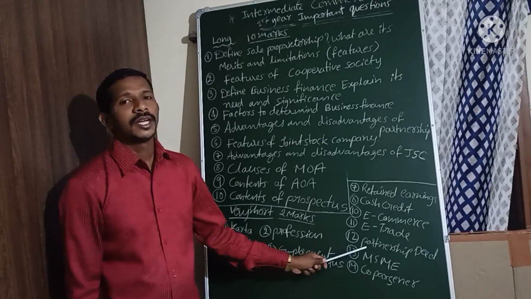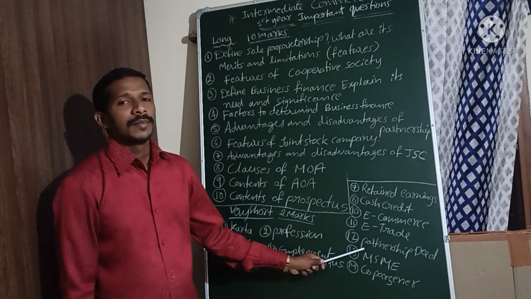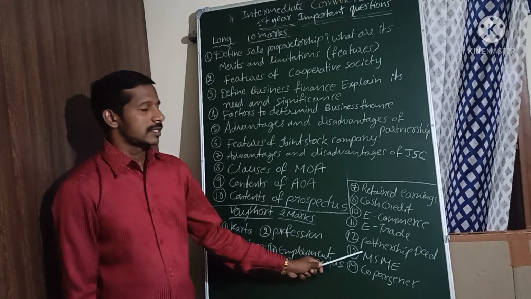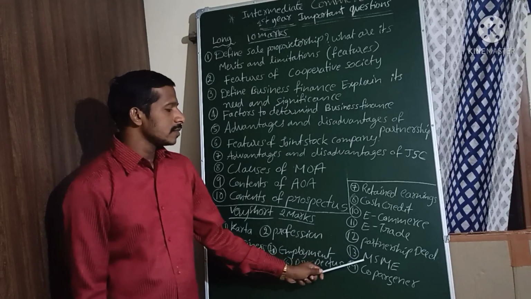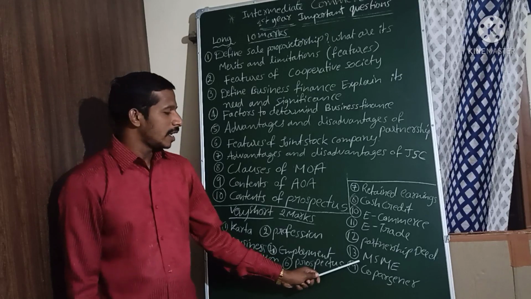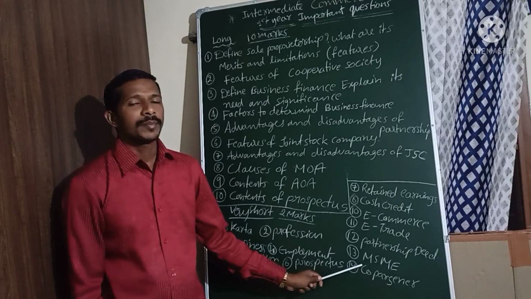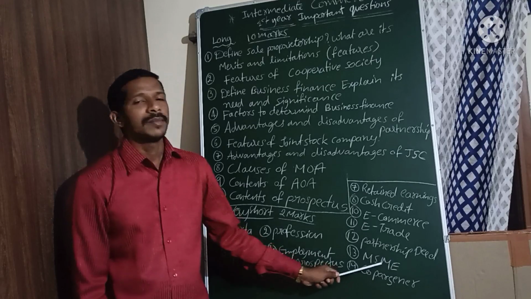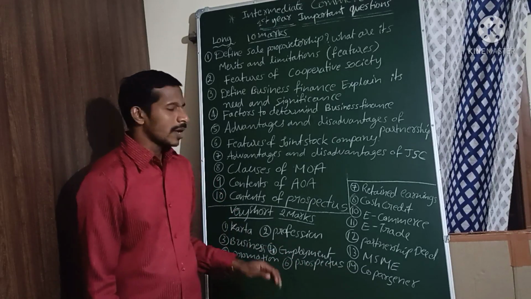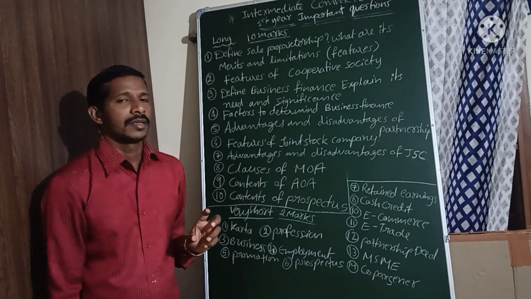Partnership deed. Partnership deed is a written document. The partners will write a document between the partners. It is an agreement. MSME, micro, small and medium enterprise. In this, you will get any one: micro enterprise, small enterprise, medium enterprise. Micro means very small.